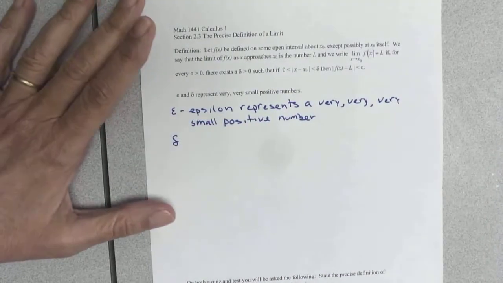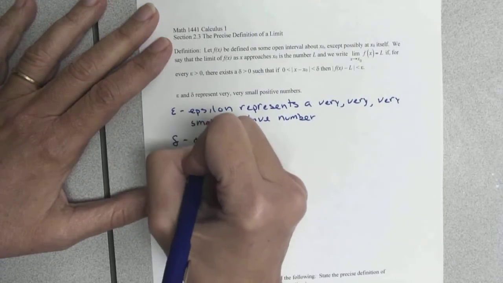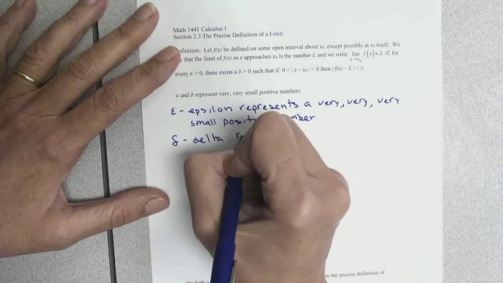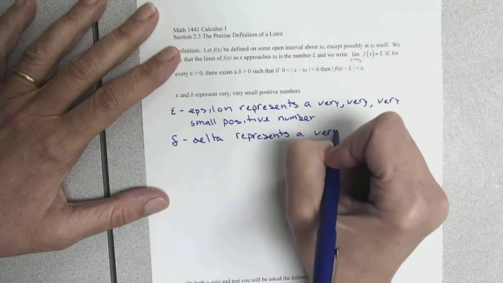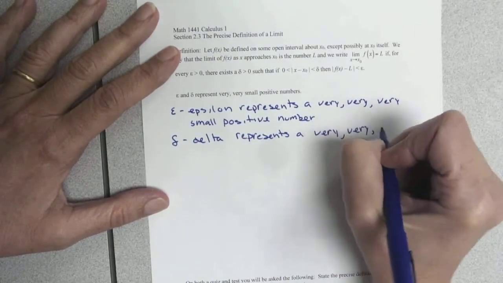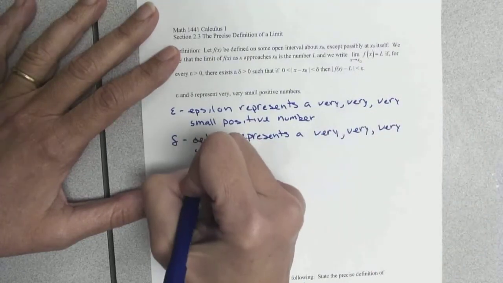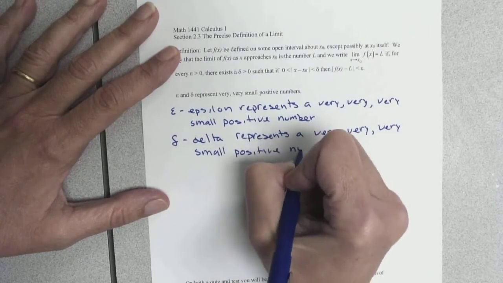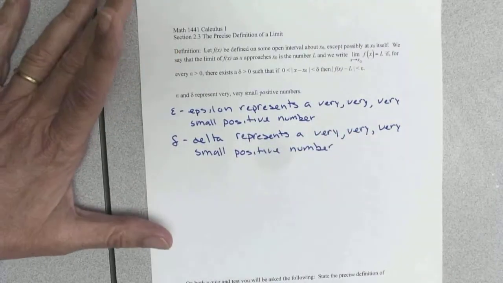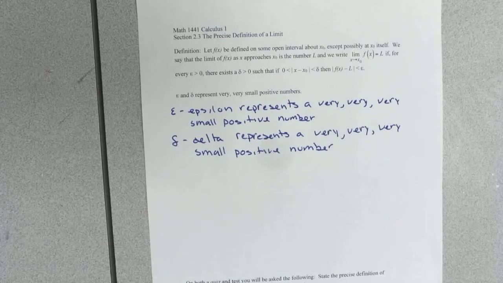And the same thing, that symbol there, lowercase delta, and it too represents a very, very small positive number. We're talking small on the size of an electron, incredibly small as you can envision something being. That's how we're envisioning it.